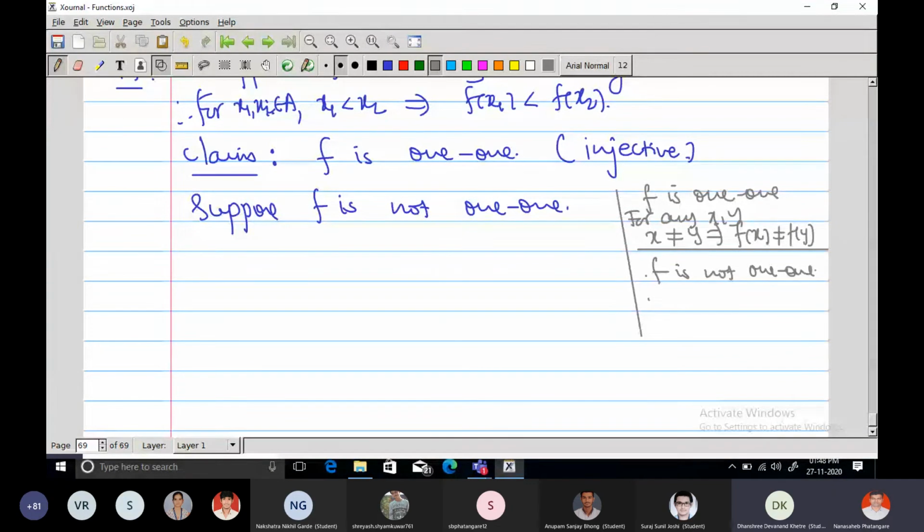See, what is the definition of 1-1? For any x, y pair, this is going to happen. Suppose I give a box containing fruits and I say that every fruit in the box is sweet. What is the negation of my statement? When will my statement fail? If one fruit is not sweet.